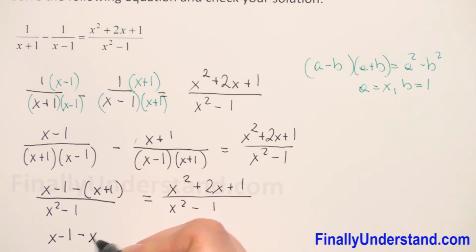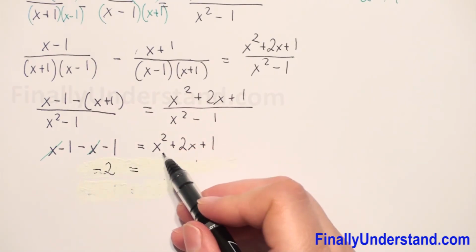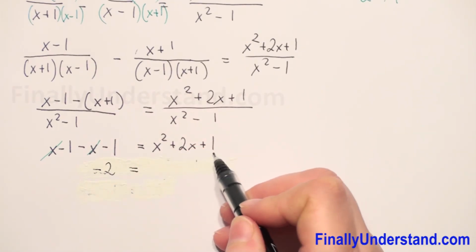So it will be negative x, negative and positive, so it will be negative 1. This is equal to x squared plus 2x plus 1. x and negative x reduce, so we have only negative 2. This is equal to x squared plus 2x plus 1.